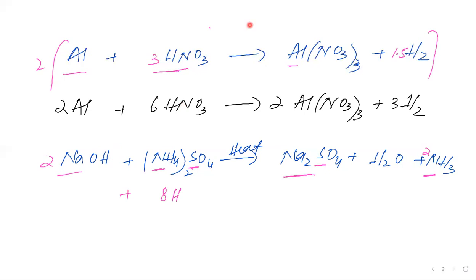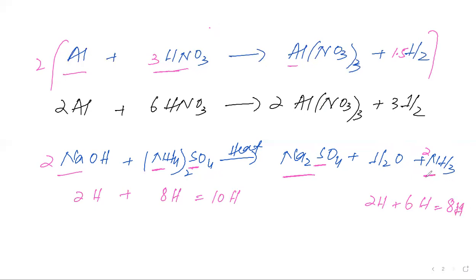So there were therefore 2 hydrogen atoms in NaOH. 2 hydrogen, total number of hydrogen atoms at the reactant side are 10. At the product side, this 3 is being multiplied by 2. So there are 6 hydrogen in ammonia and 2 hydrogen in water. So total hydrogen atoms are 8 at the product side.